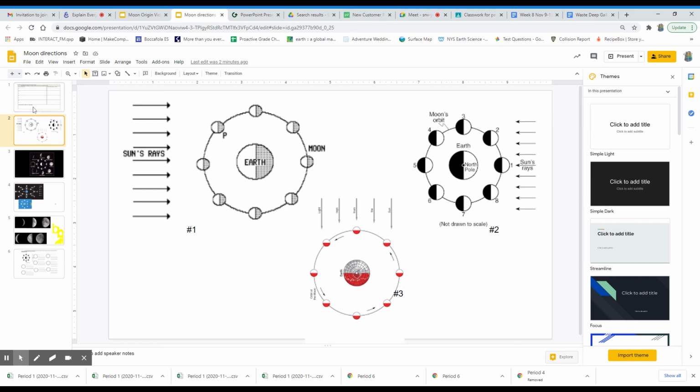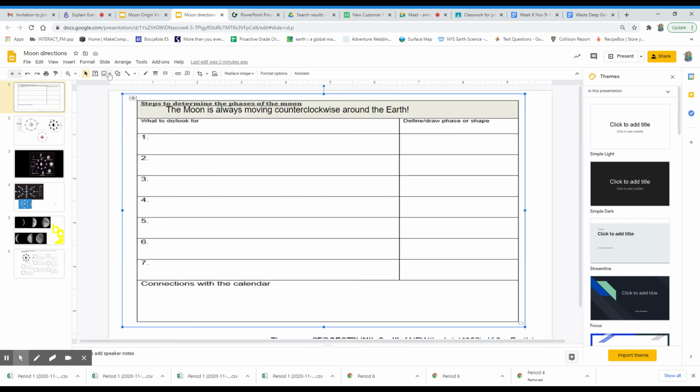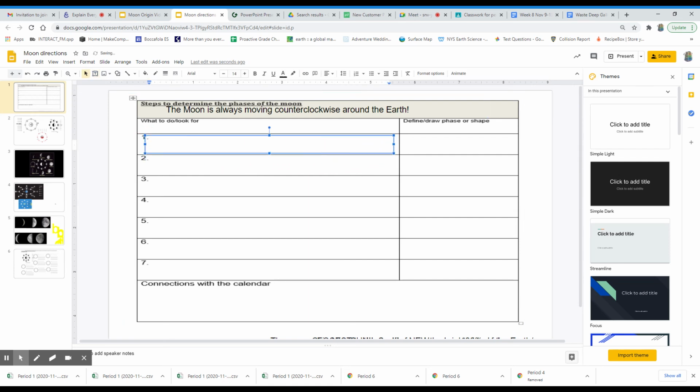So the first step that we are always going to look for, and we're going to type this in, is you always want to find the sun. The sun is always facing the bright side of the Earth or Moon. Keep that in mind. But no matter what, your first step is always going to be finding the sun.